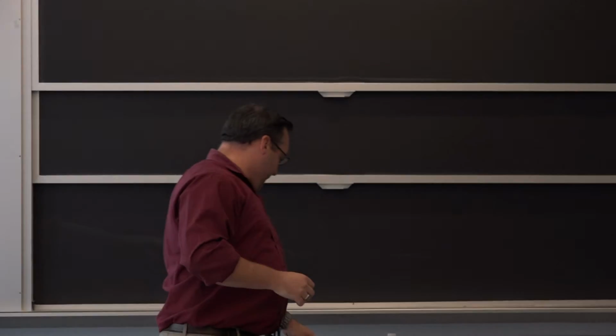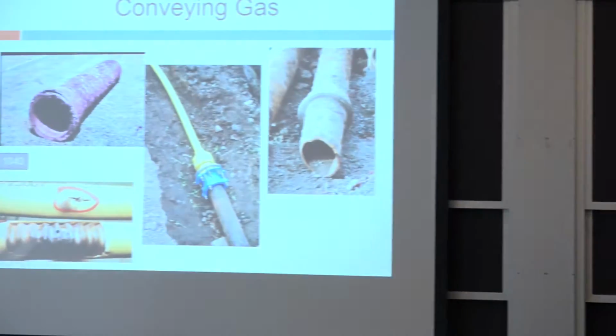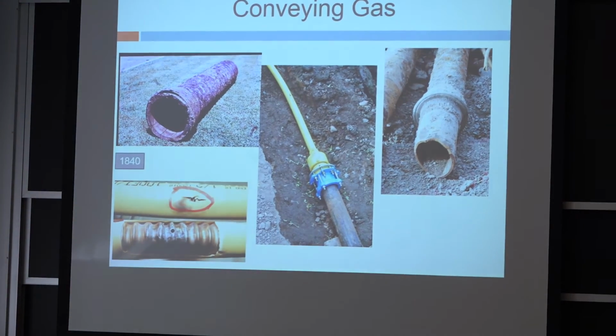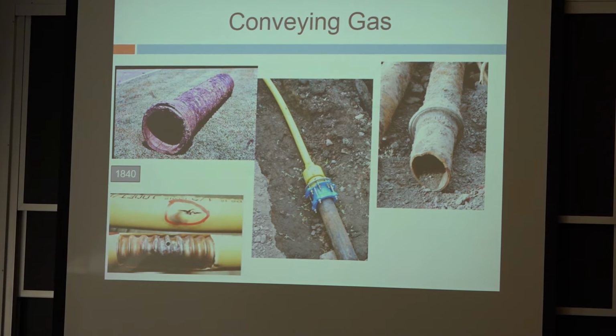All right, the next one here is what's called corrugated stainless steel tubing, CSST. Now, this was an issue because a lot of the home contractors wanted to go away from just black iron pipe, which is this.